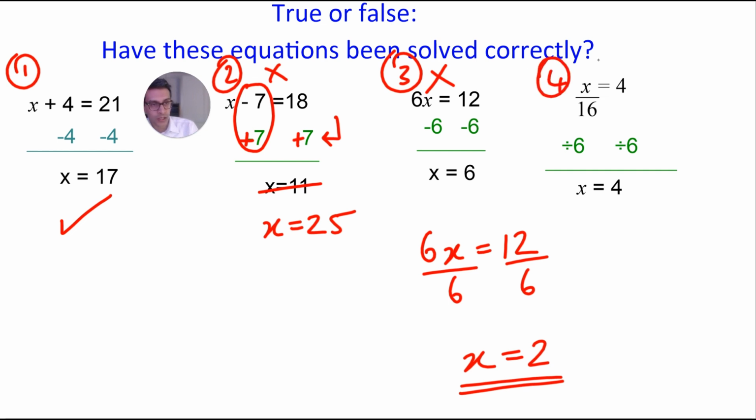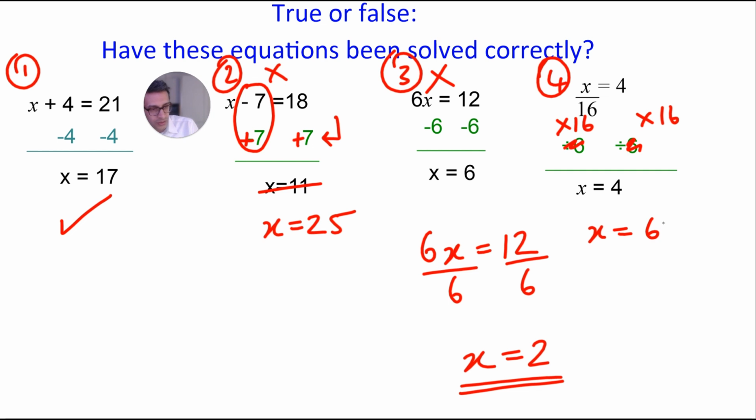Question 4, x divided by 16 is equal to 4. So you might divide by 6 or 16. Those are all wrong. We want to remove this 16. So the opposite of dividing by 16 is to multiply by 16. So this should be times 16, times 16. So x is equal to 4 times 16.